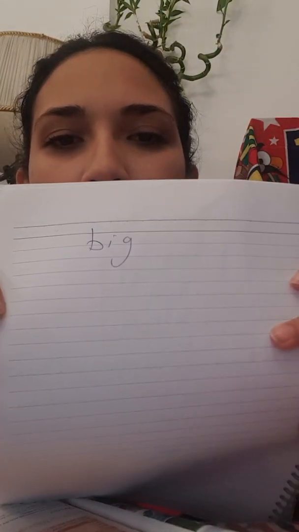Let's turn the page. The word is big, right? The adjective. It has an I, right? I is a vowel.